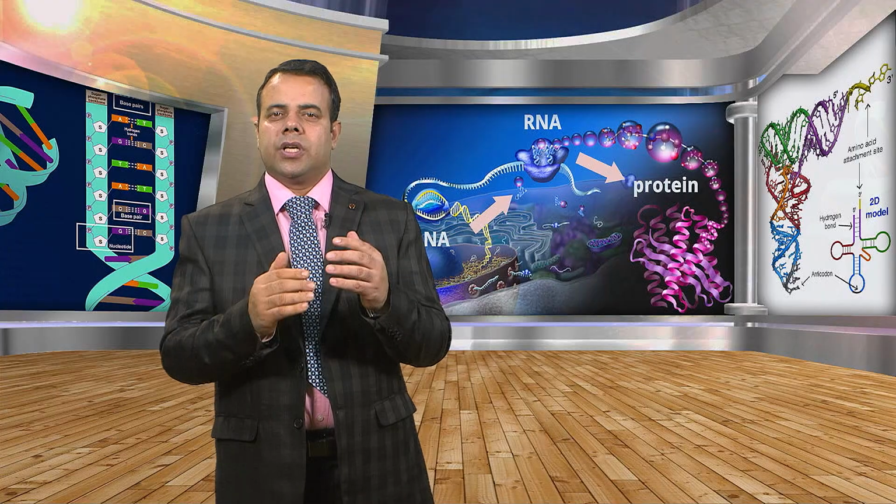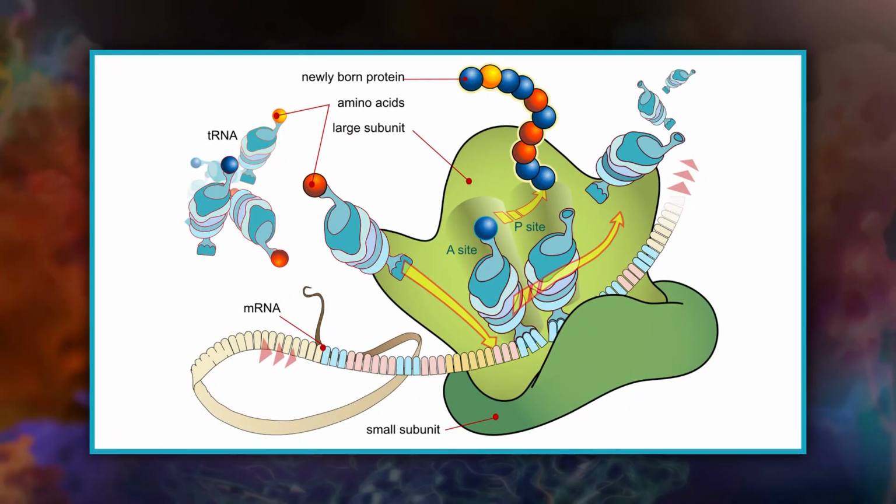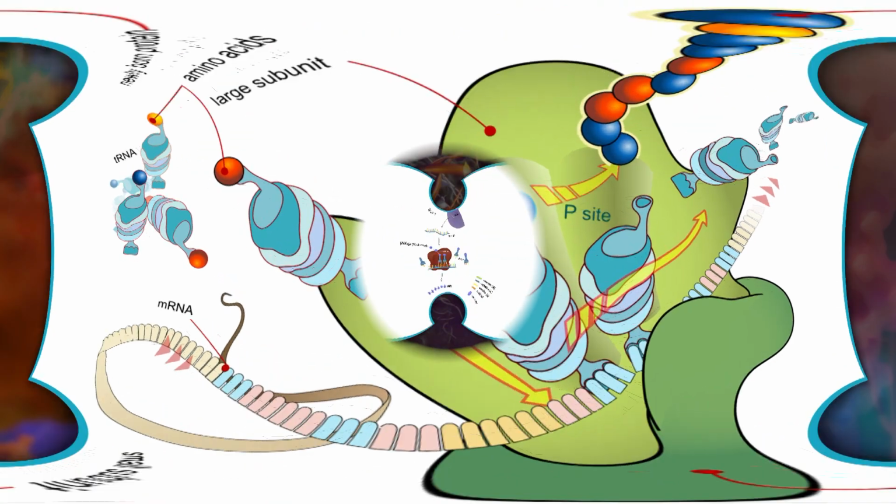When a tRNA recognizes and binds to its corresponding codon in the ribosome, the tRNA transfers the appropriate amino acid to the end of the growing amino acid chain. Then the tRNA and ribosome continue to decode the mRNA molecule until the entire sequence is translated into a protein.